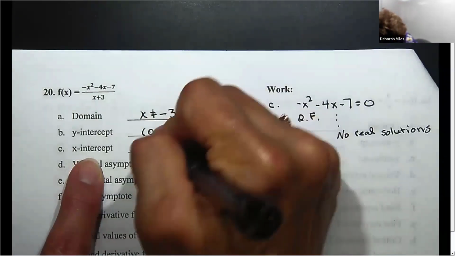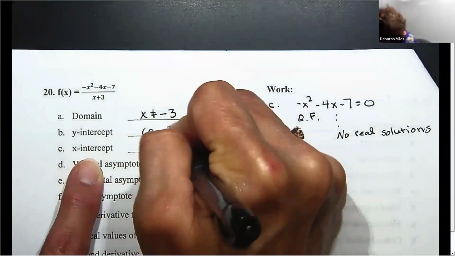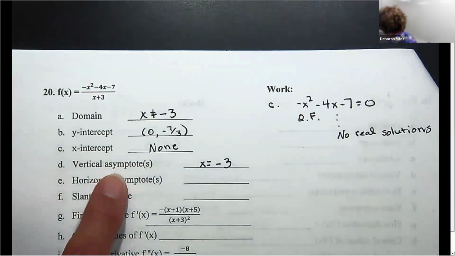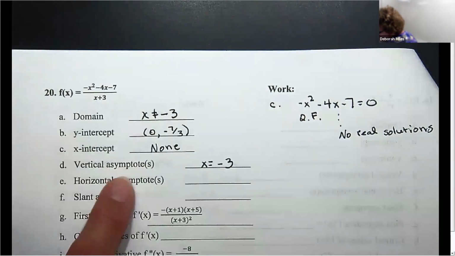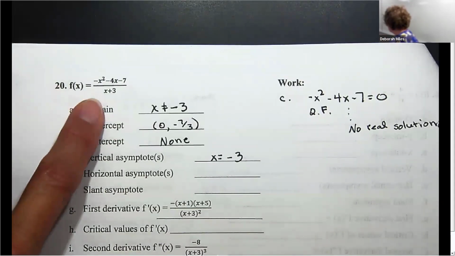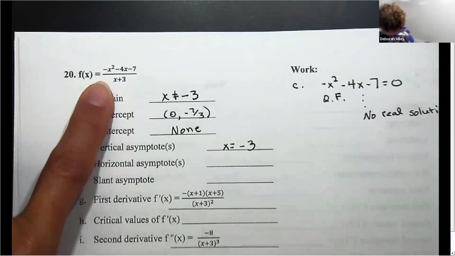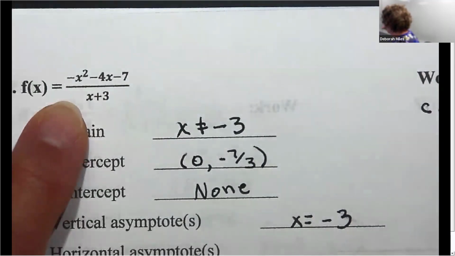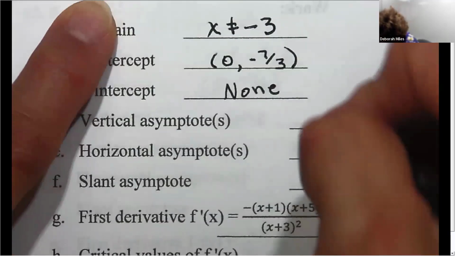There are no x-intercepts. We already know the vertical asymptote is -3. What does the theorem on horizontal asymptotes tell you about horizontal asymptotes of this function? The degree of the numerator is higher than the degree of the denominator. There are no horizontal asymptotes.